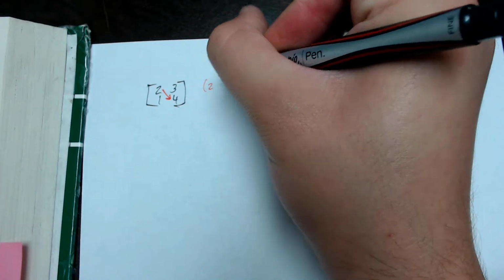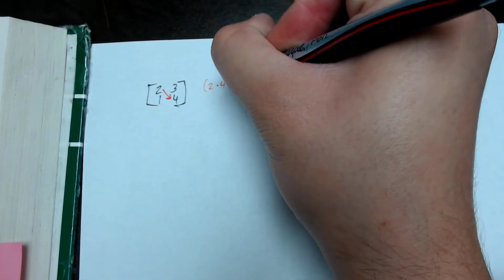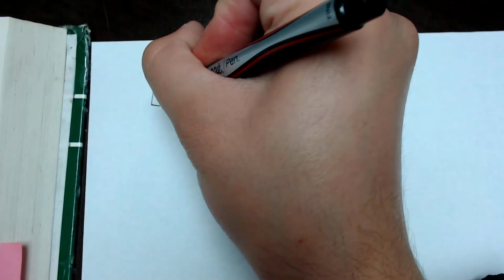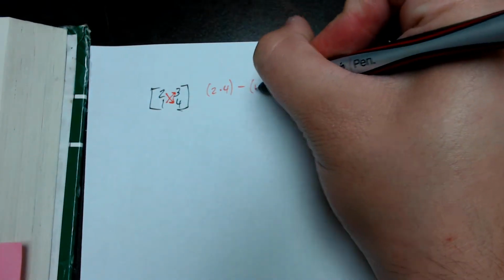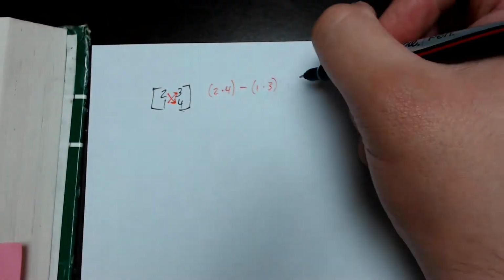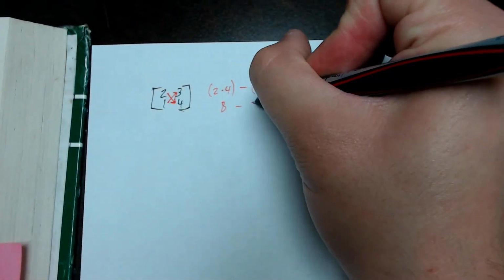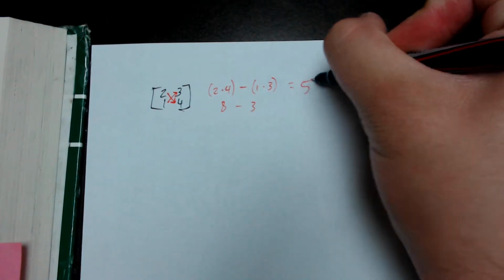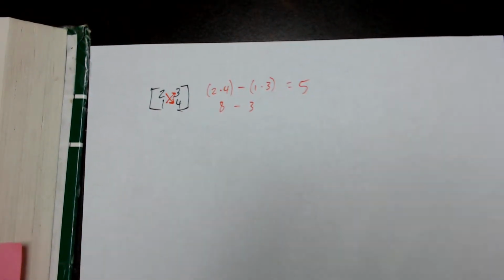We take 2 times 4, and then subtract the other multiplication, 1 times 3. So the determinant is 8 minus 3, which is 5. This matrix has a determinant of 5.